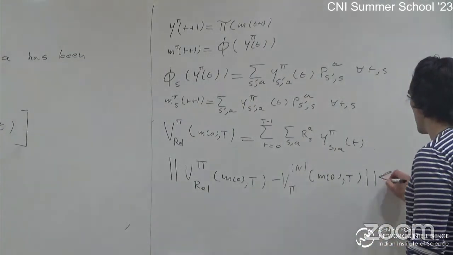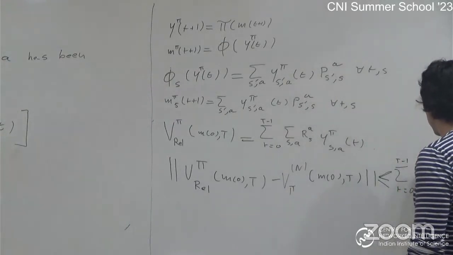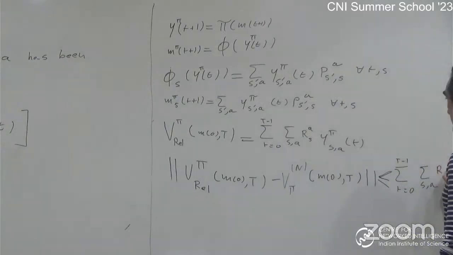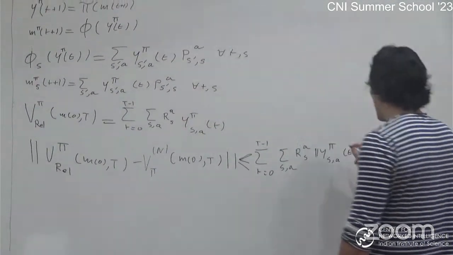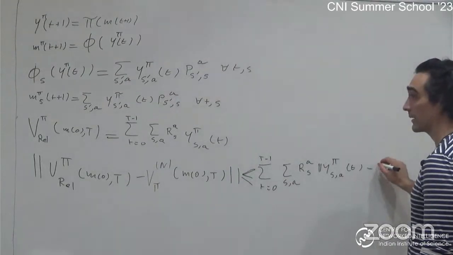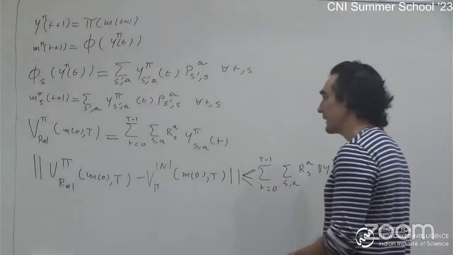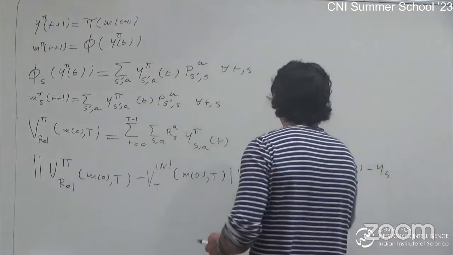And just by the triangular inequality, what we just obtained is that the only thing that really matters is to be able to bound the difference between y and, I can even make it simpler, with your constant and so on.